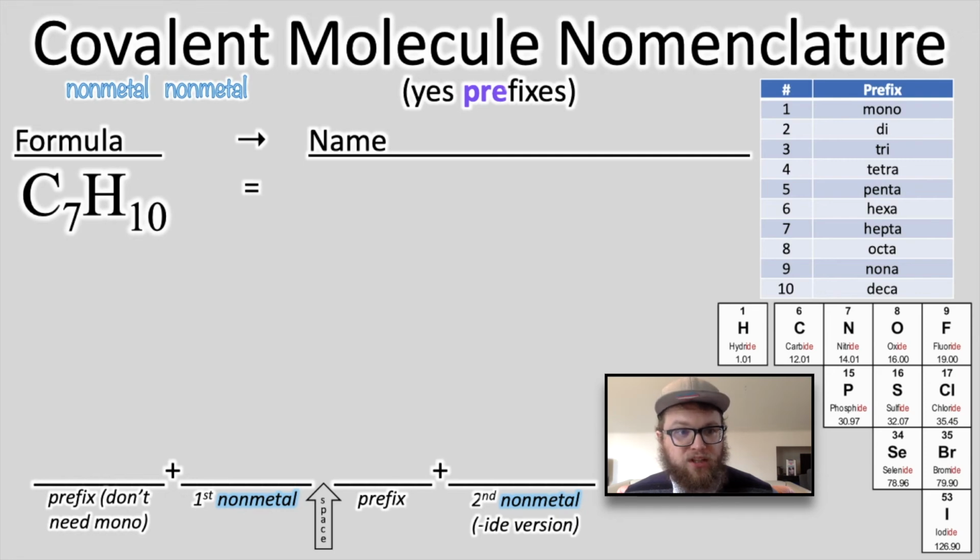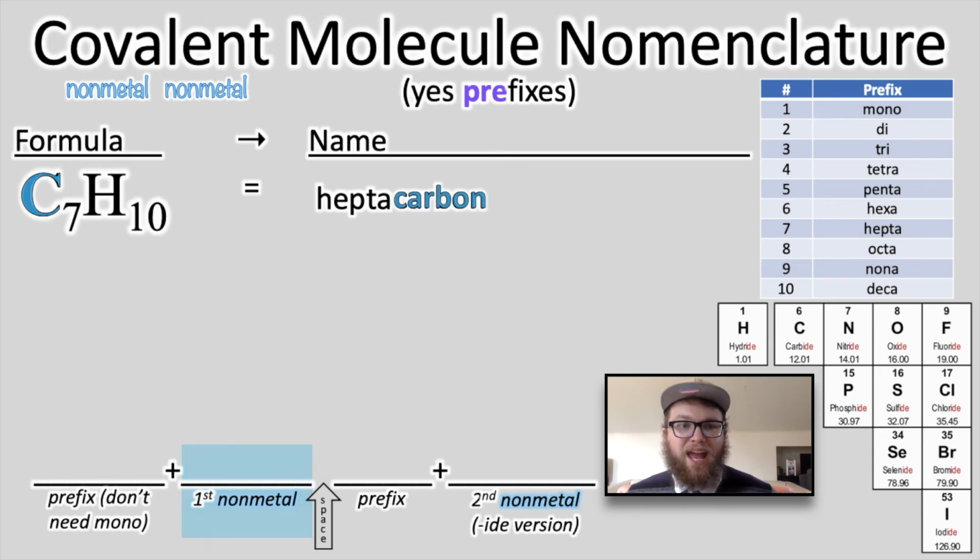The same rules apply. So if I have C7H10, we'll start with prefix. Prefixes are about counting. So we've got a 7. We look to our table and we see 7 is hepta. So we'll start with hepta for 7. Then we move on to our first nonmetal, which in this case C is carbon.